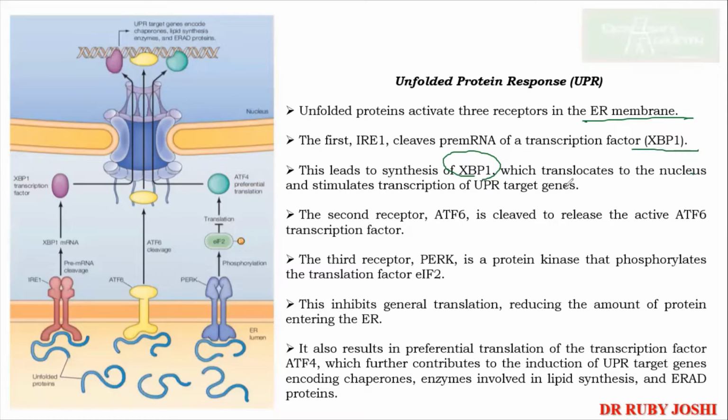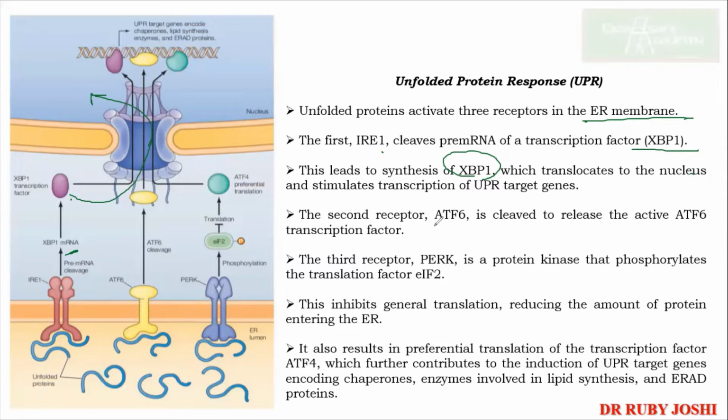So what was your first response? IRE1's. Now IRE1 is going to cleave the pre-mRNA of your transcription factor, which leads to its synthesis. Here you can see you have the IRE1, it goes for the cleavage of your mRNA. Now this mRNA results in the transcription factor. This transcription factor goes inside your nucleus, where the UPR target genes are activated.